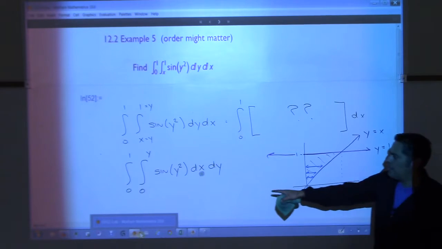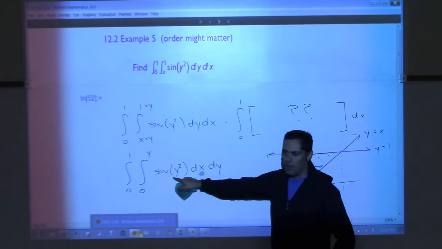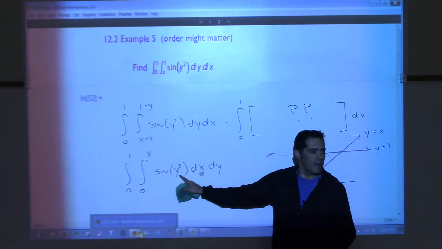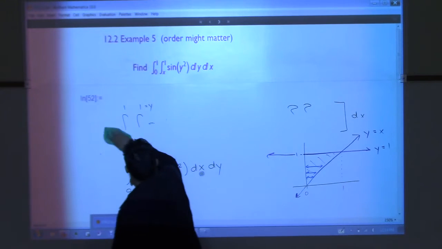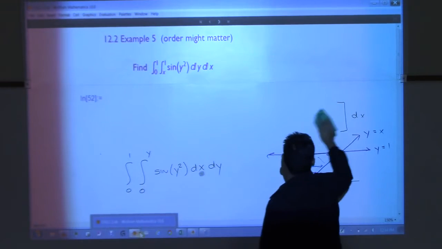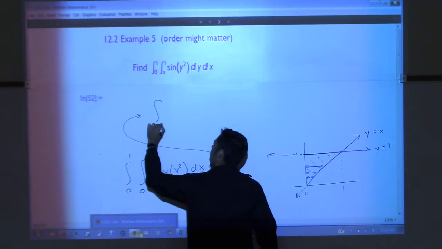If I ask you to integrate this with respect to x, well, this is all in terms of y. This is just a constant then, right? So look at what happens. So I'm going to take this right here. Integral 0 to 1.